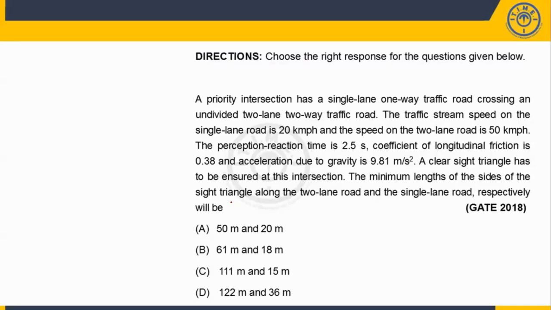Traversing speed on single lane road is 20 km per hour. Don't solve. I'll tell you how to solve. Just have a look at the question.